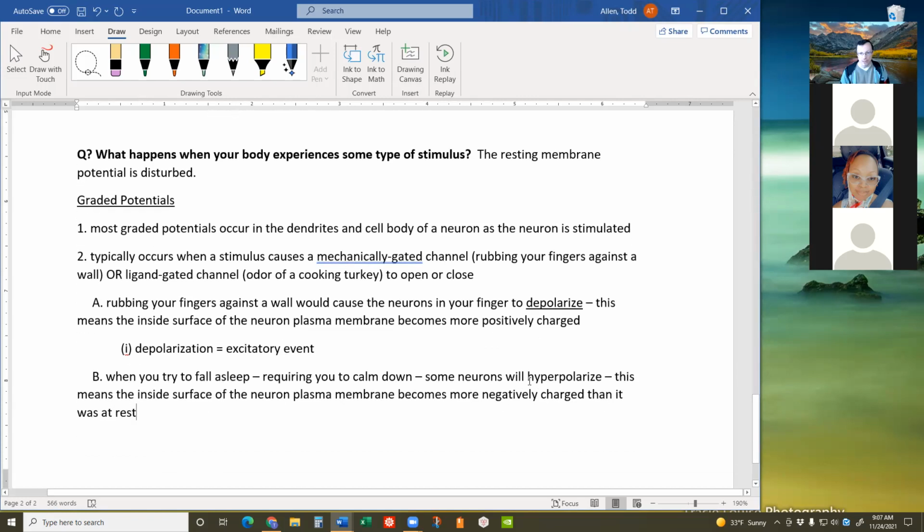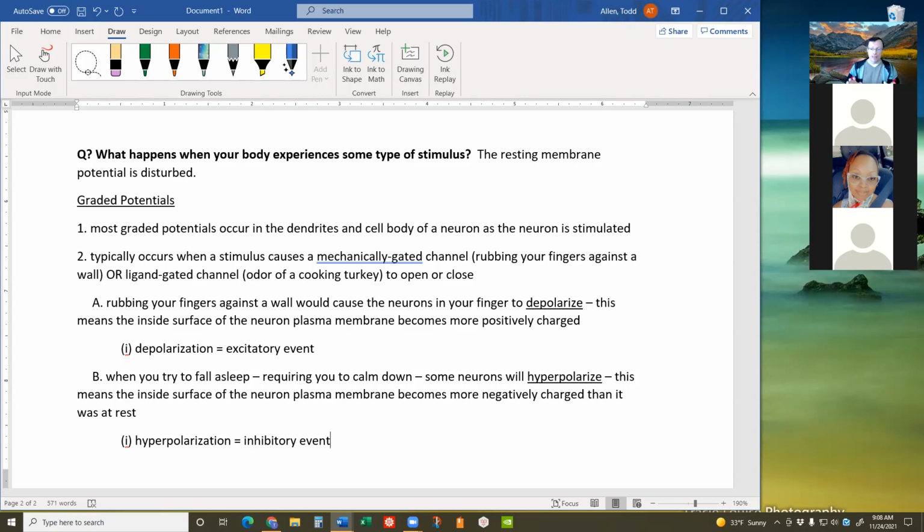Okay, so the fancy word here you're going to want to focus on a little bit is hyperpolarize. Okay, hyperpolarization. Hyperpolarization basically amounts to an inhibitory event. Okay, an inhibitory event such as we're trying to get the electrical activity in the brain to calm itself down so I can actually fall asleep.